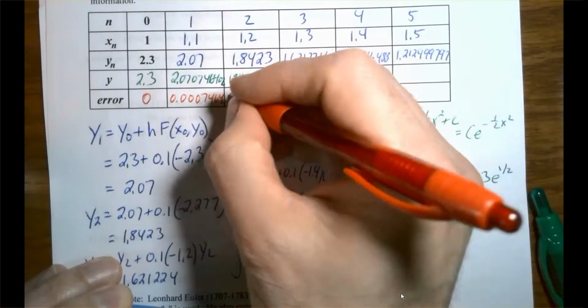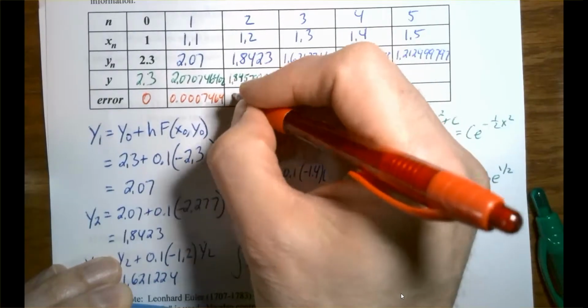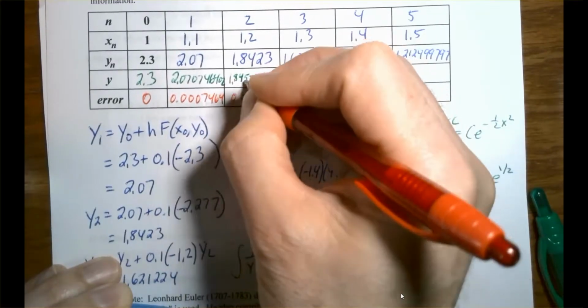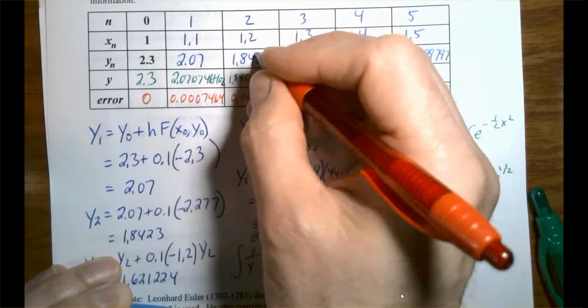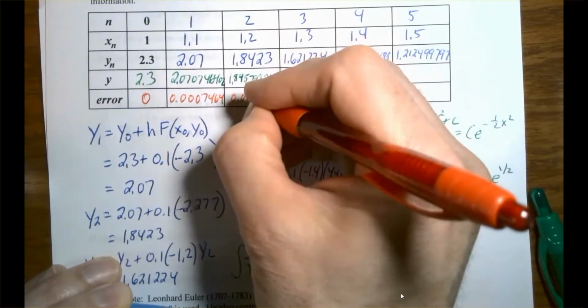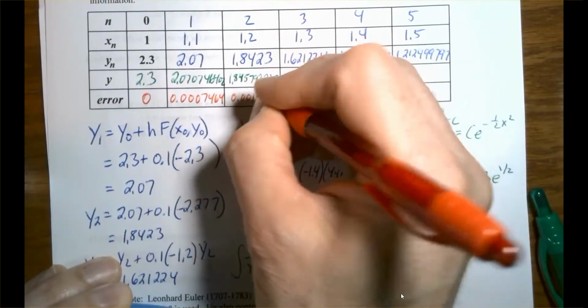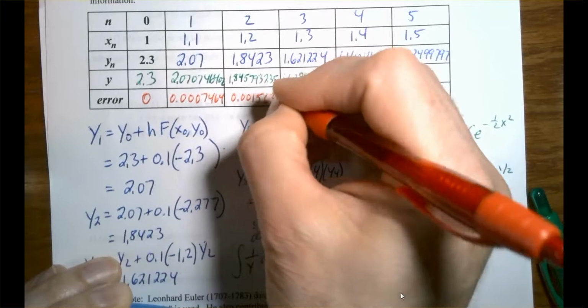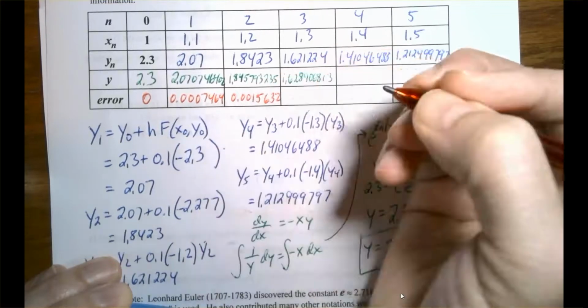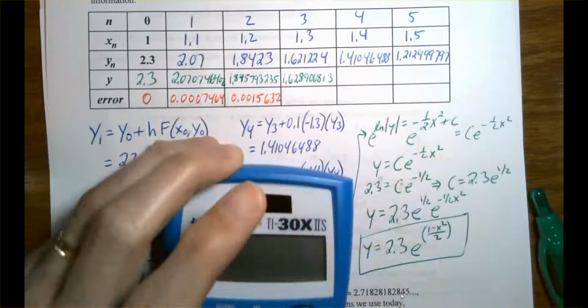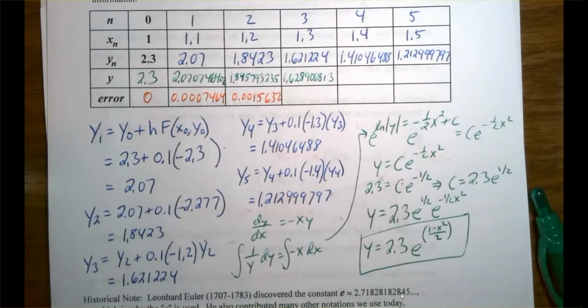And then here it's going to be 0.00 something, and then just subtract. You'll have a 1, 5, 6, so on and so forth. And I'll go ahead and fill in the rest of the table and then bring it back up.